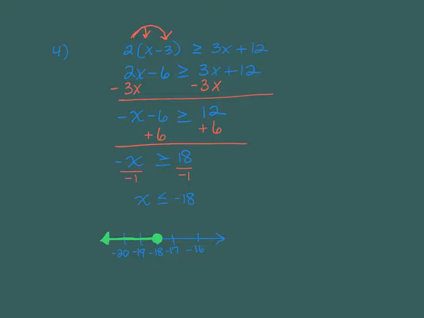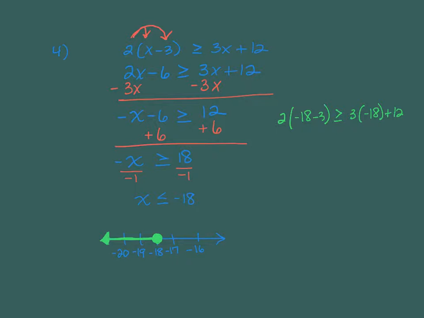Now I'm going to check my endpoint. So I'm going to take negative 18 and substitute it into my original inequality. So I'm going to have 2 times negative 18 minus 3 is greater than or equal to 3 times negative 18 plus 12. Simplify each side.